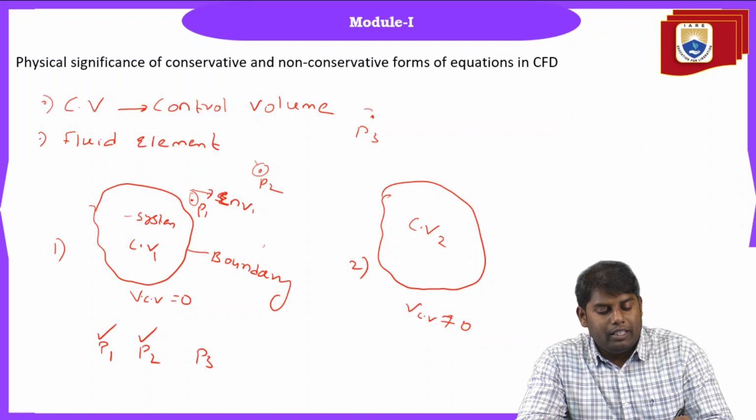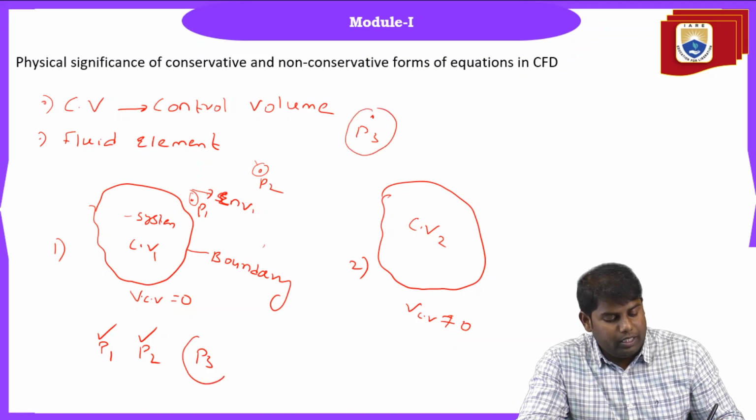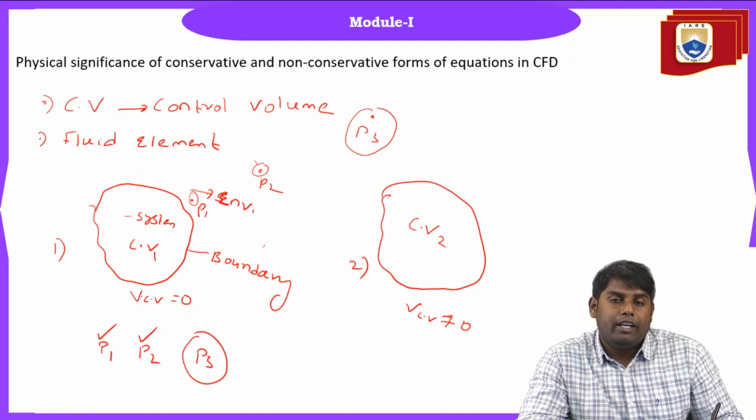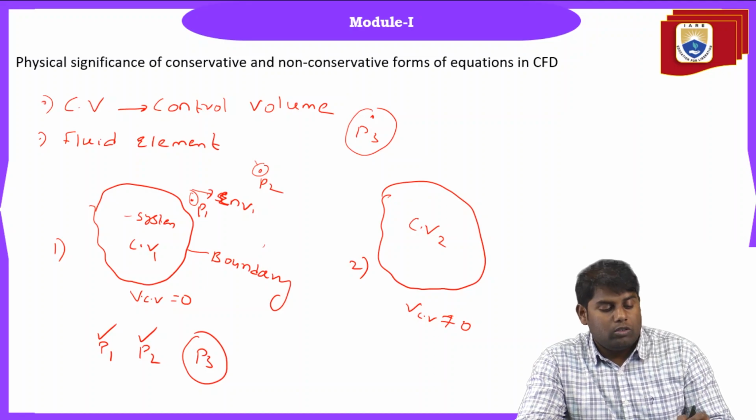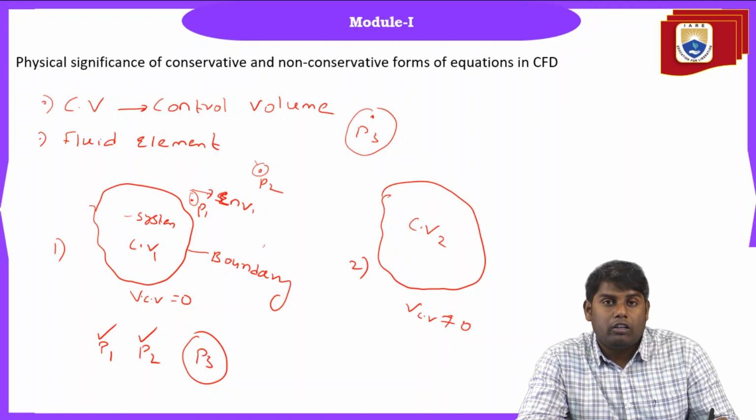P3 is the point where the influence of the system is 0. Let's say you have a hot element which is at 300 degrees Celsius.